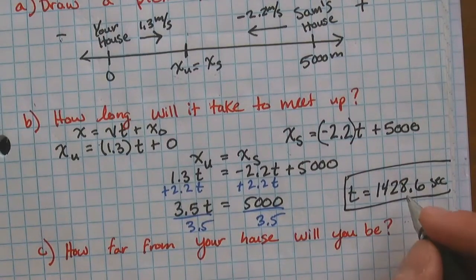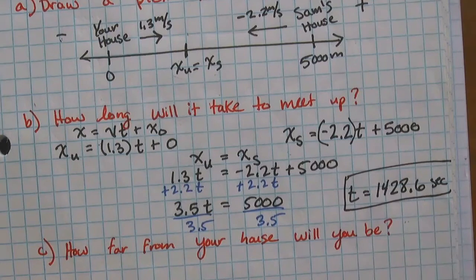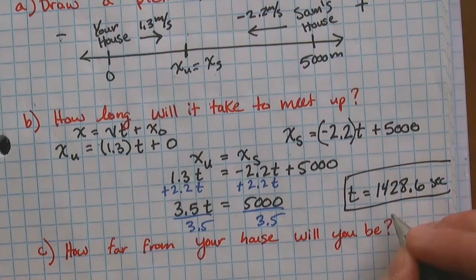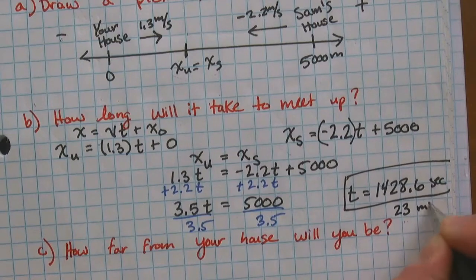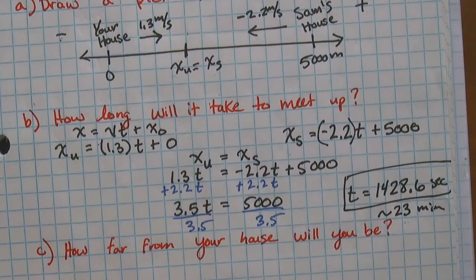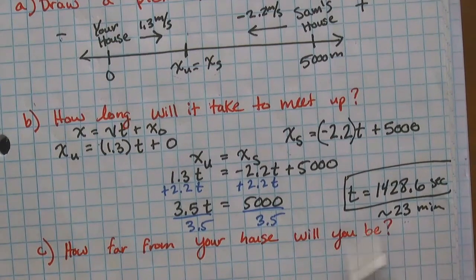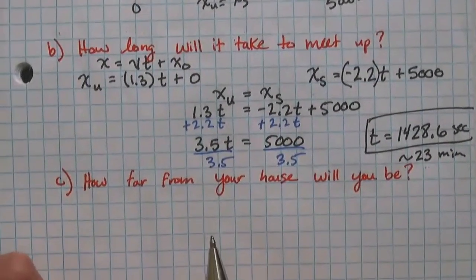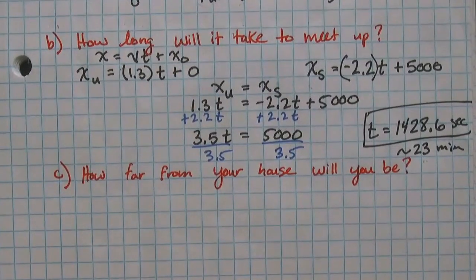In case you're wondering, if you're like, oh, that seems like a lot of seconds, it's 23, 24 minutes basically. So that's approximately how long that is. We don't need to know that in minutes, but just mentally if you're wondering what that means.